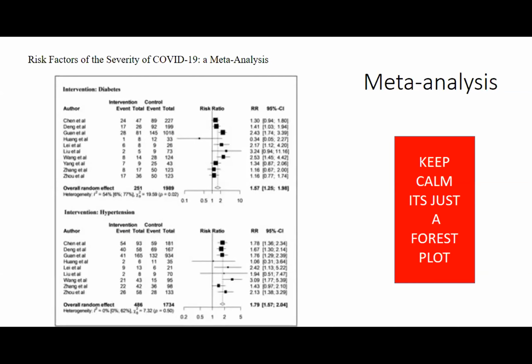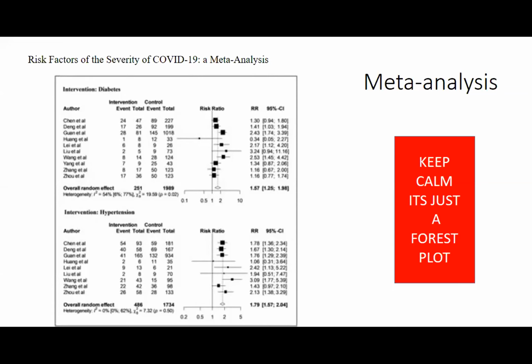In summary, when you look at a meta-analysis, the vertical solid line that you see goes through the point where it's a 1, because in this case, they're using what's called the risk ratio to see if there's a difference. They take the risk of how severe the condition is in those with diabetes compared to those without diabetes, and they divide those two risks by each other.